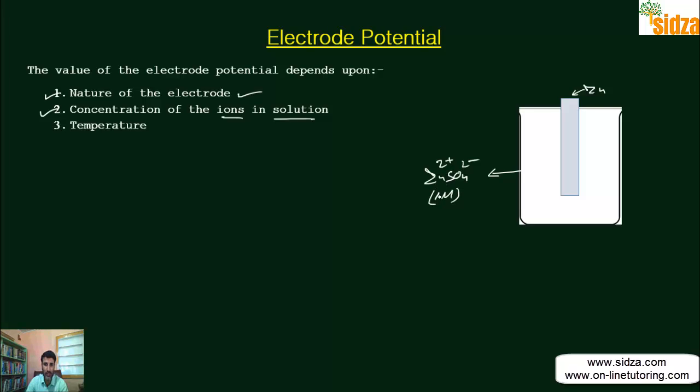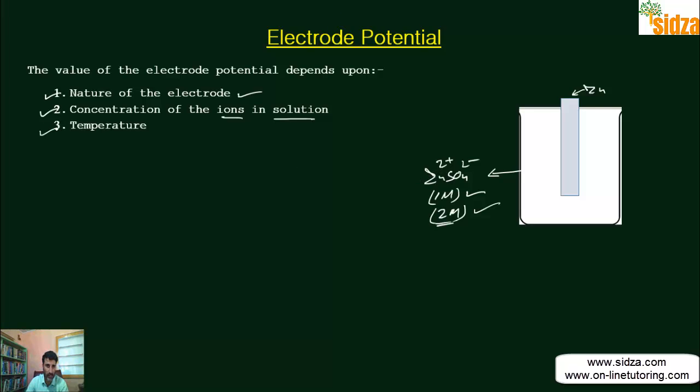But if you change the concentration, suppose now we have a zinc rod dipped in a 2 molar zinc sulfate solution, you will have a different electrode potential. So changing the concentration of the ions will also change the electrode potential.